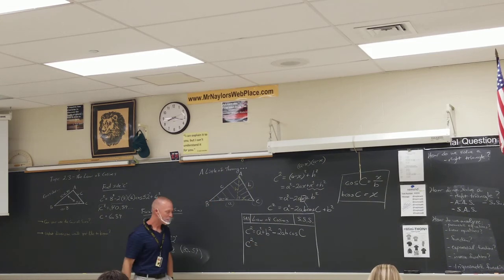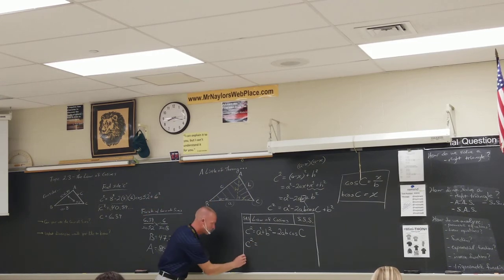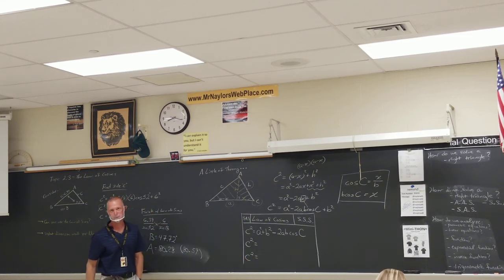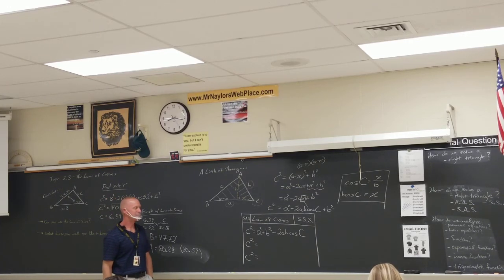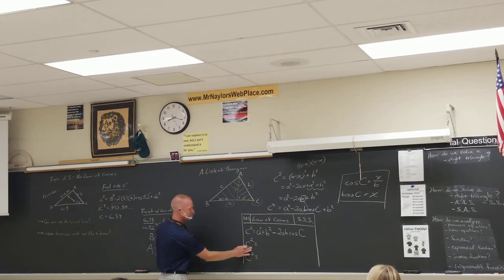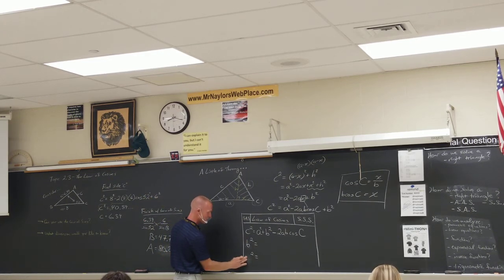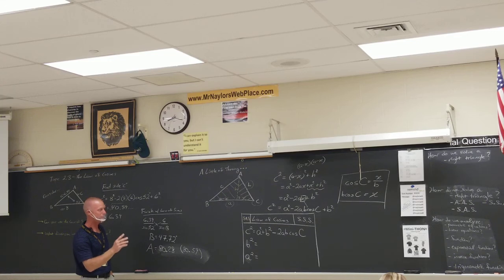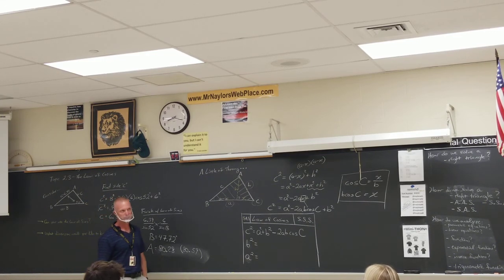I bet you wouldn't be surprised for me when I tell you that the law of cosines can take on two more forms for a total of three. What I mean is it depends on what side, whether it be c squared, b squared, or a squared that I'm trying to find.